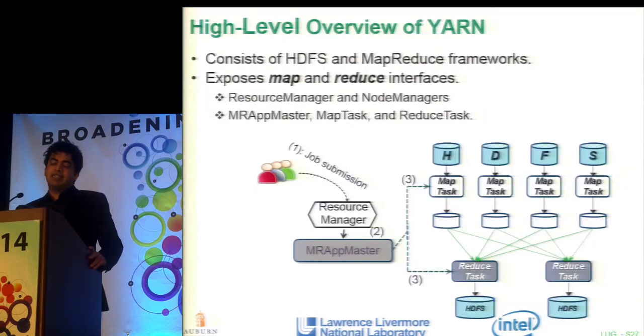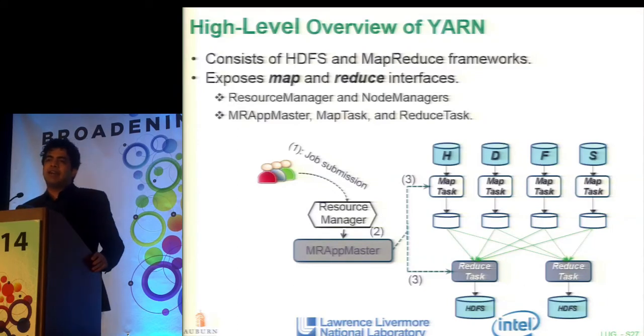Yarn is essentially the new framework for MapReduce from Apache. It's also known as MapReduce version 2. What they did was they basically yanked out all the components of MapReduce and made them loosely coupled, so they can run standalone. Yarn stands for yet another resource negotiator.